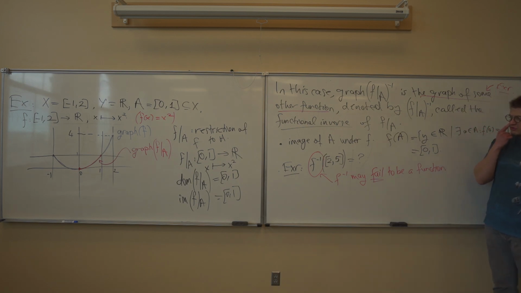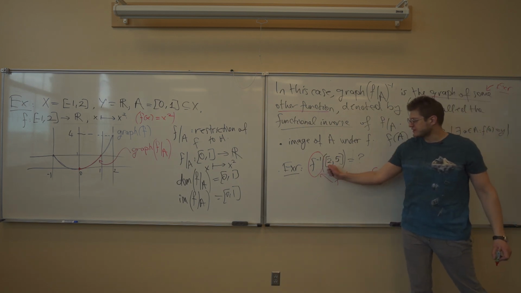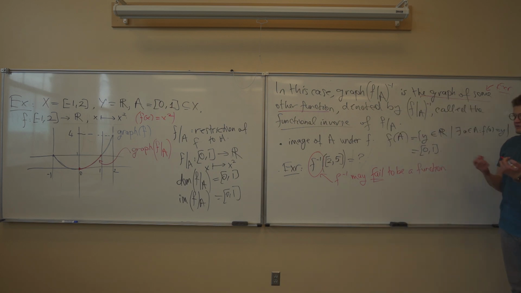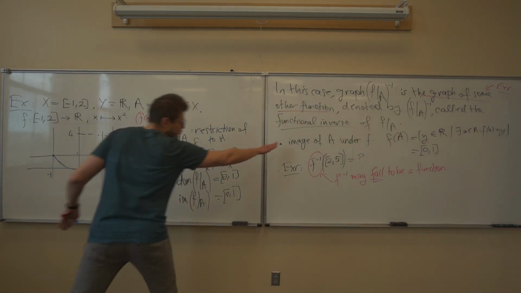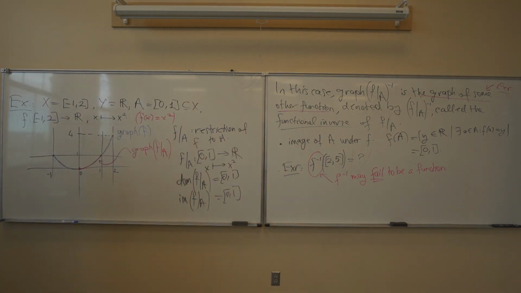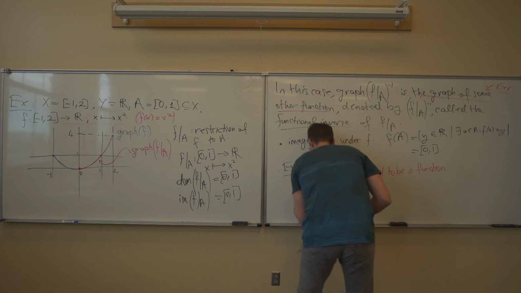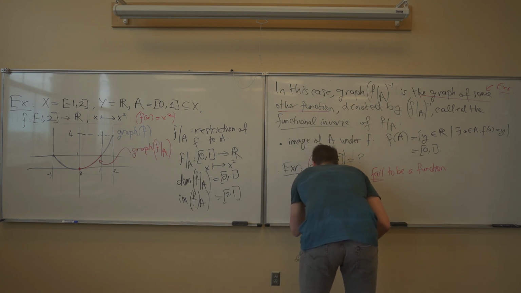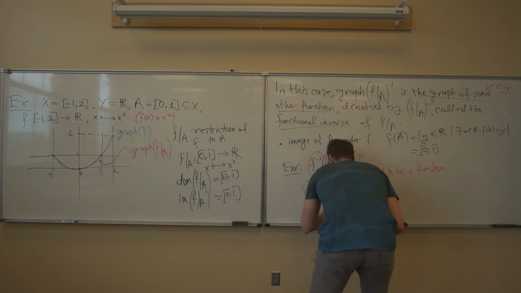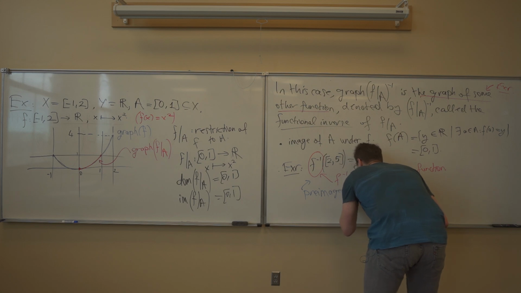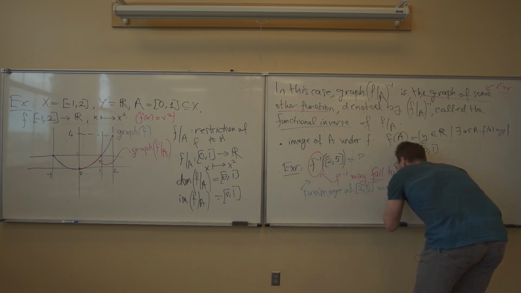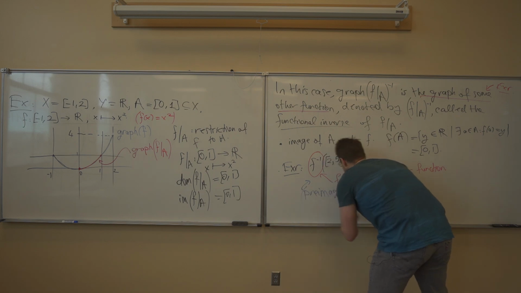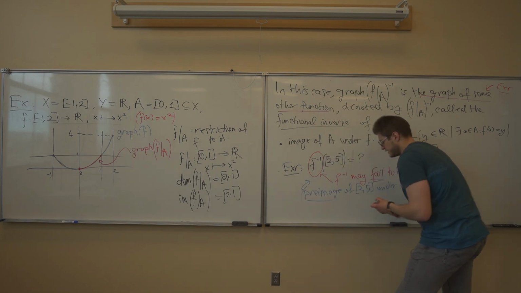And sometimes people call this the preimage of the interval 2 to 5 under f also. Instead of image, you call it preimage because you're bringing things back. You go the wrong way, in a sense. That's the name.